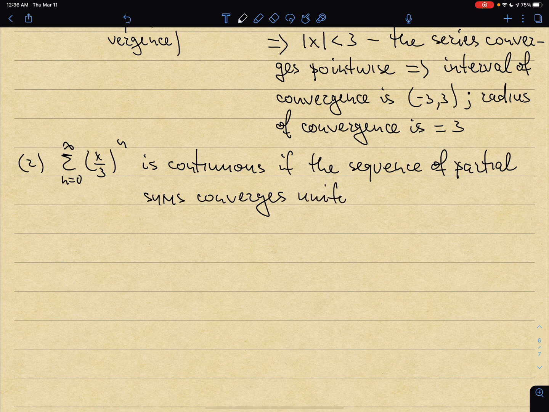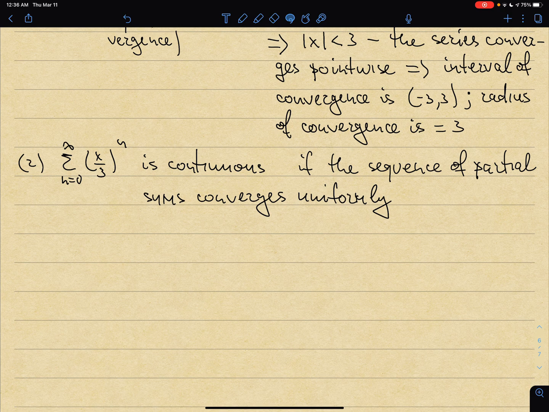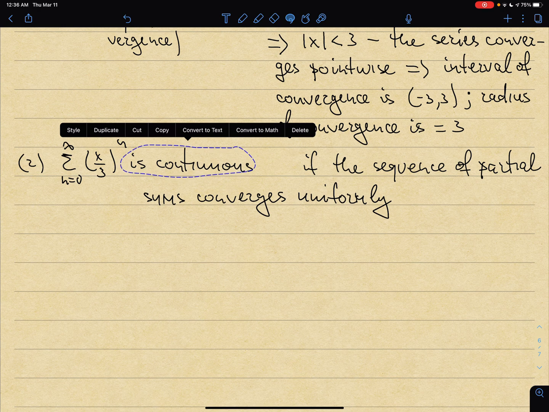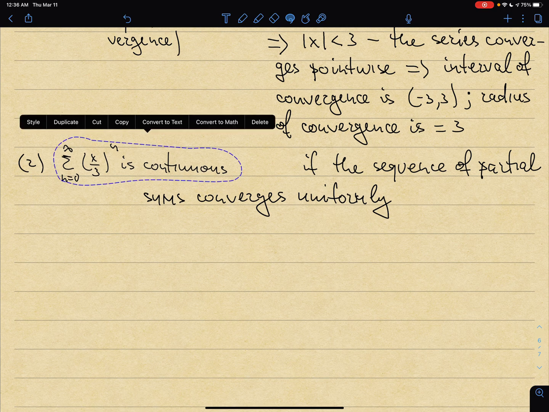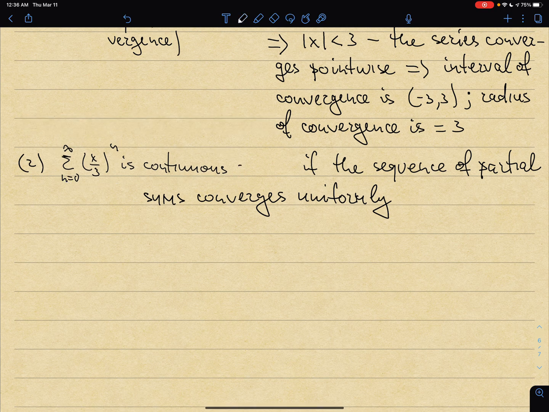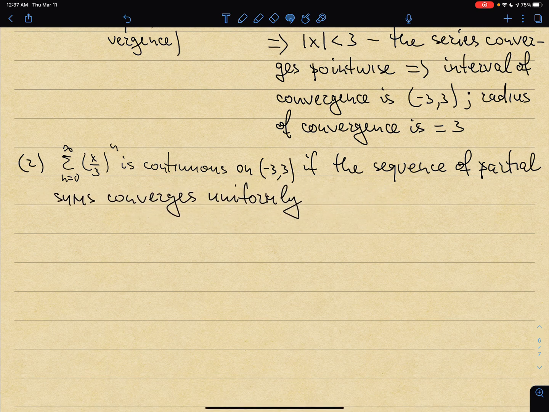And we have to specify the interval. Okay, let's do that. In fact, in this case, interval of convergence is from -3 to 3. So if that sequence converges uniformly on (-3, 3).